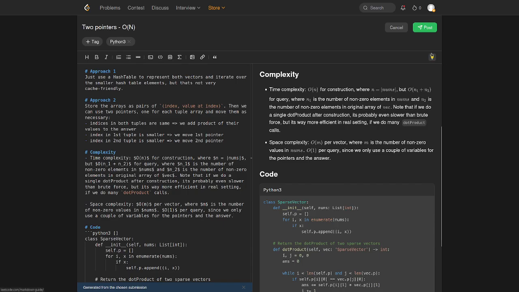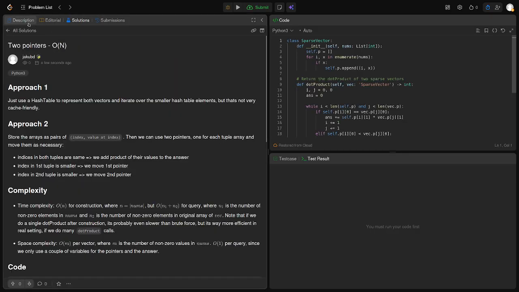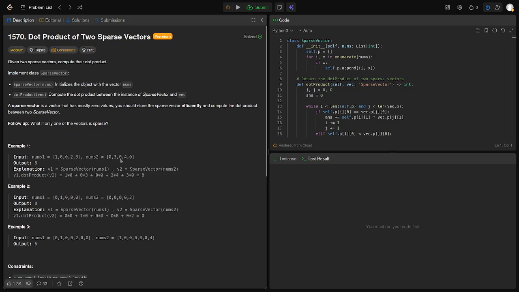Okay, so basically to summarize, we can either use a hash map, right? We have vectors which mostly contain zeros. We want to do dot product. We don't care about zero positions no matter what's in the other array, because 0 times something is still 0.